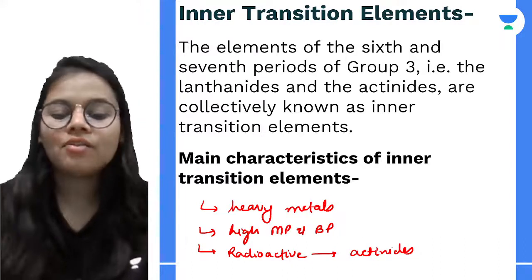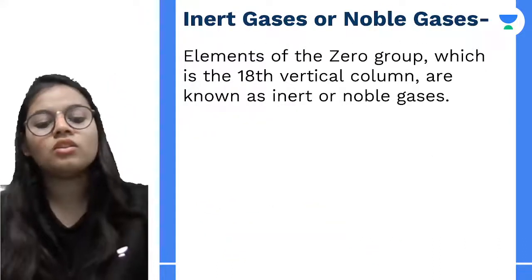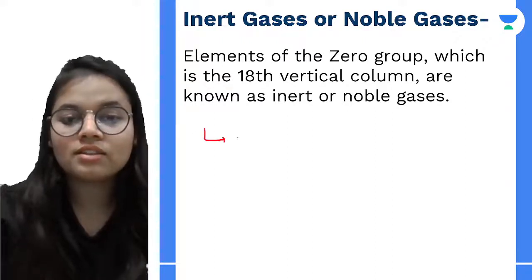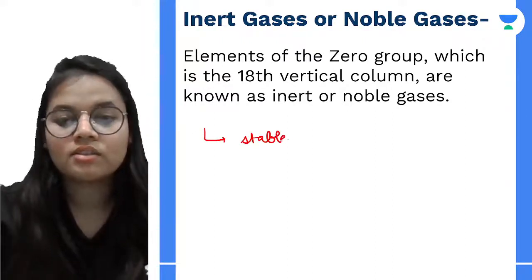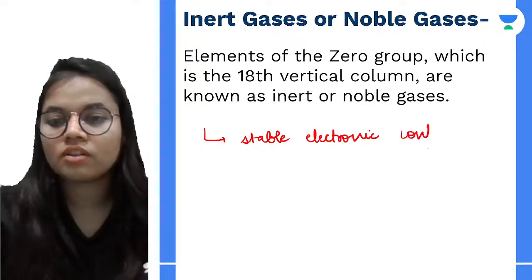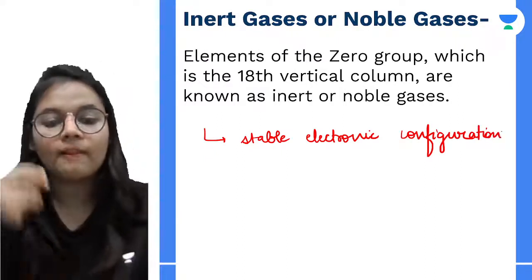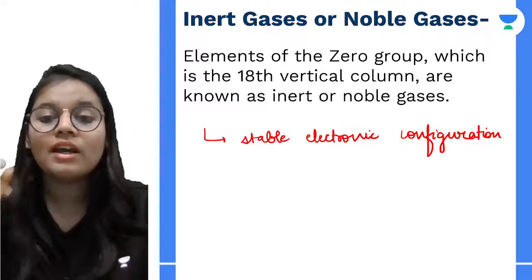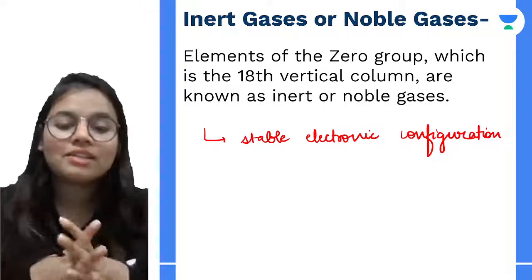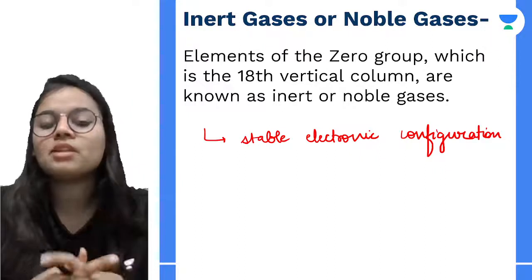After that, we have inert or noble gases. What are the inert or noble gases? They have a stable electronic configuration. That means, if I talk about the noble gases or inert gases, they have 8 electrons in the outermost shell, except helium.